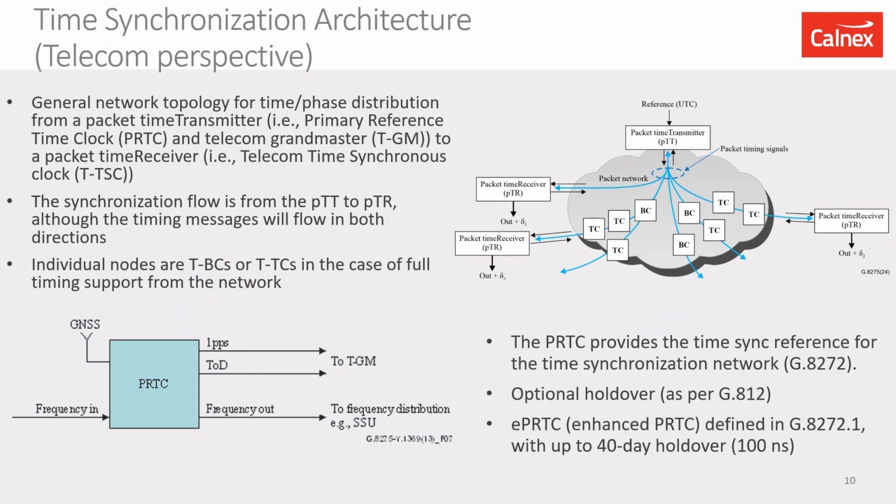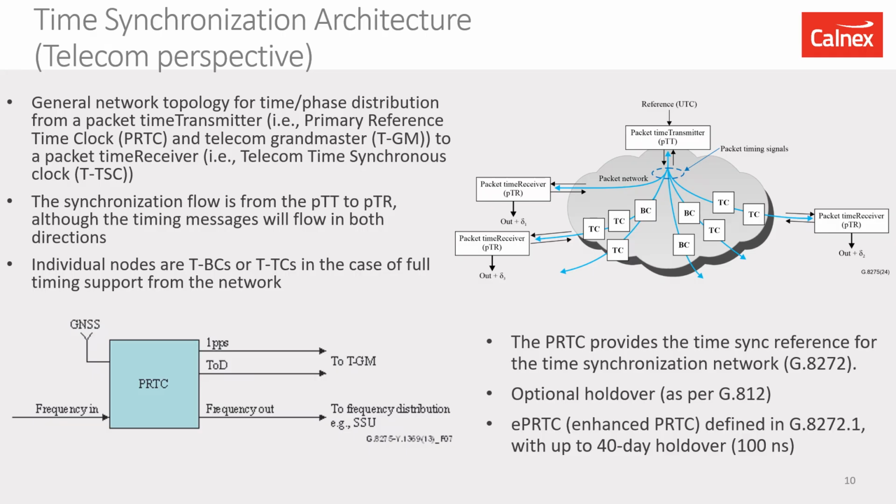Continuing with the example from telecom, the time synchronization architecture is provided by G.8274. And this recommendation presents various aspects related to time synchronization architecture. You can see here, for instance, the overall network reference, from a packet time transmitter that gets reference from a primary reference time clock.